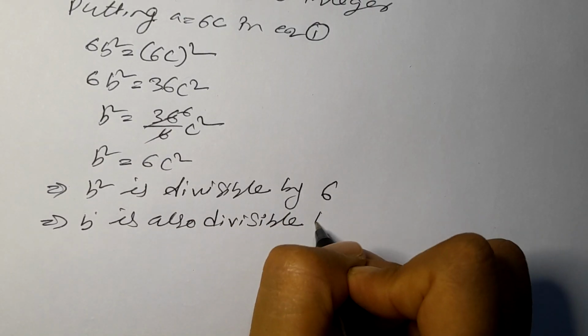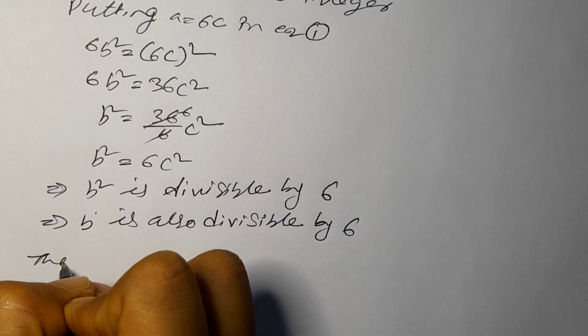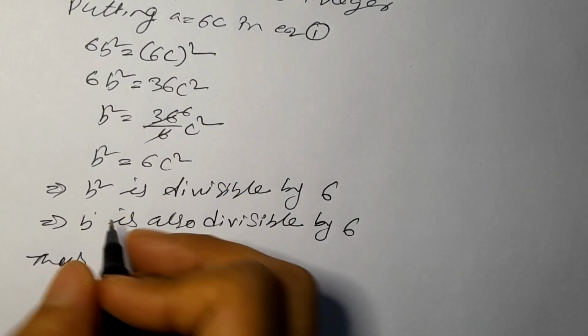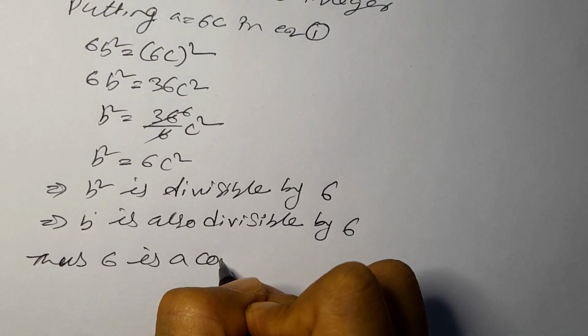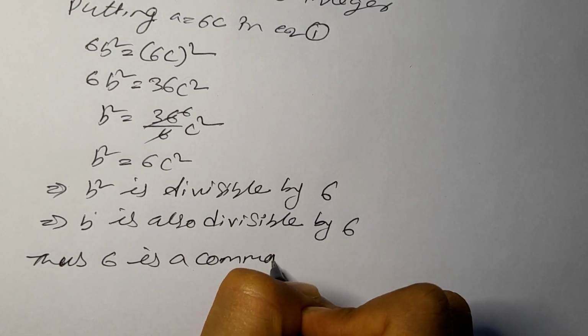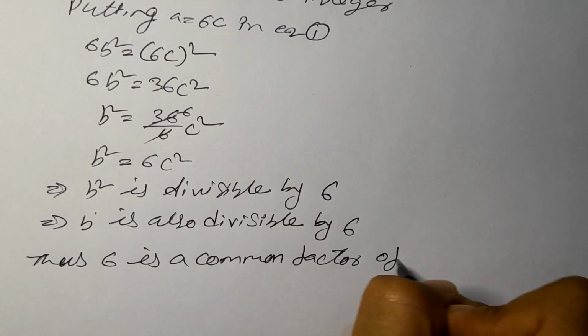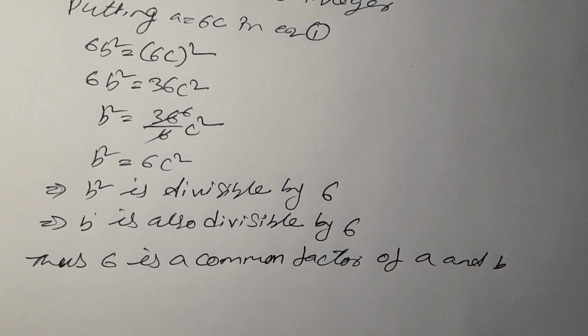Thus 6 divides a as well as 6 divides b. So 6 is a common factor of a and b. We considered 1 as the only common factor of a and b, but we got 6 as a common factor of a and b. So this contradicts our assumption.